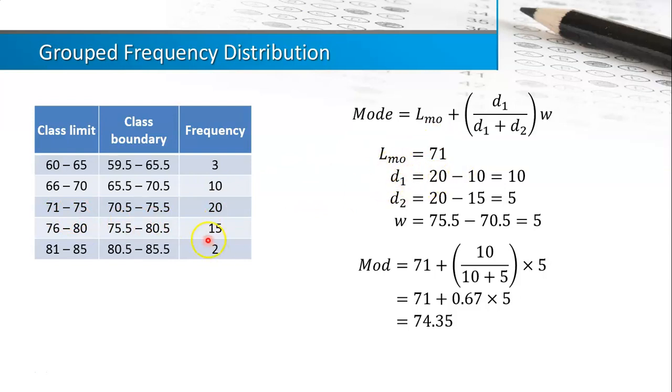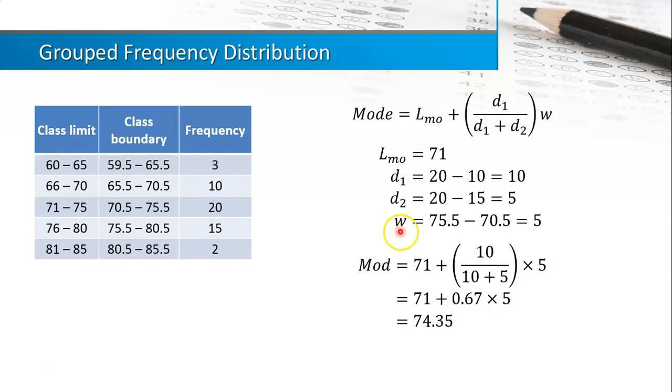Then D1 will be the difference from the class before the mode class. Here the mode class is 20, the class before is 10 for the frequency, so you subtract 20 minus 10 and get 10 here. Then D2 is the difference between the frequency for the class after the mode class. This is 15 here, so 20 minus 15, and you get 5 here.